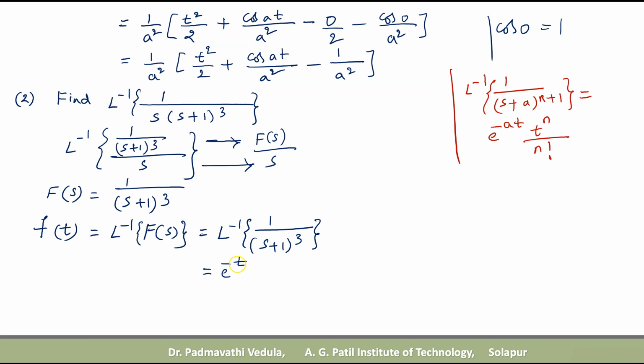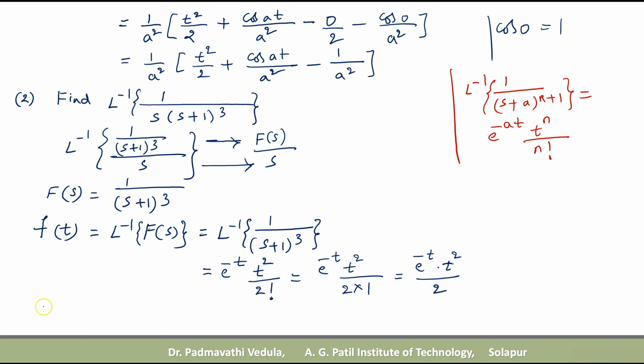So here we get e power minus t into t power n, where n is 1 less than n plus 1. Here you have to consider the number 1 less than this power, that is here it is 3. If you subtract 1 from 3, you get t square upon 2 factorial. So 2 factorial is 2 into 1, which gives e power minus t into t square upon 2. Okay, this is f of t.